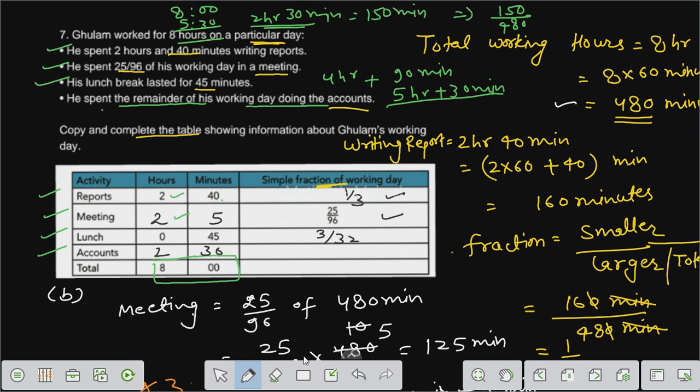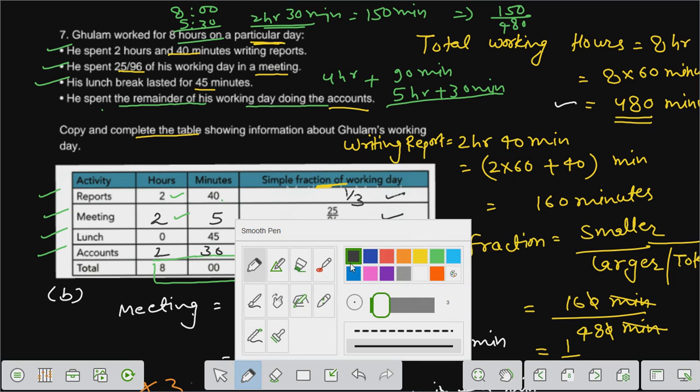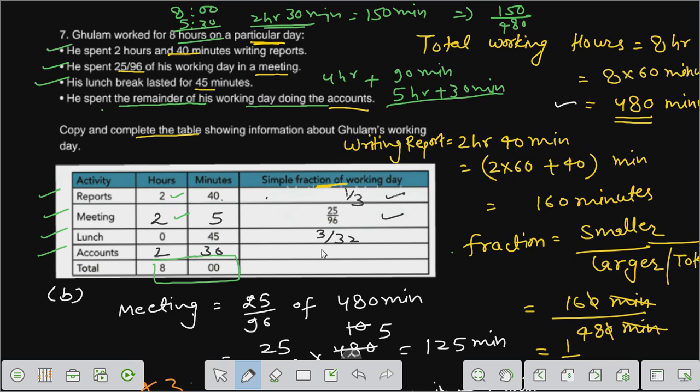So the fraction is 150 upon 480 is 15 upon 48, or if we divide by 3, we get 5 upon 16. So this is our fraction. So this is the complete table.